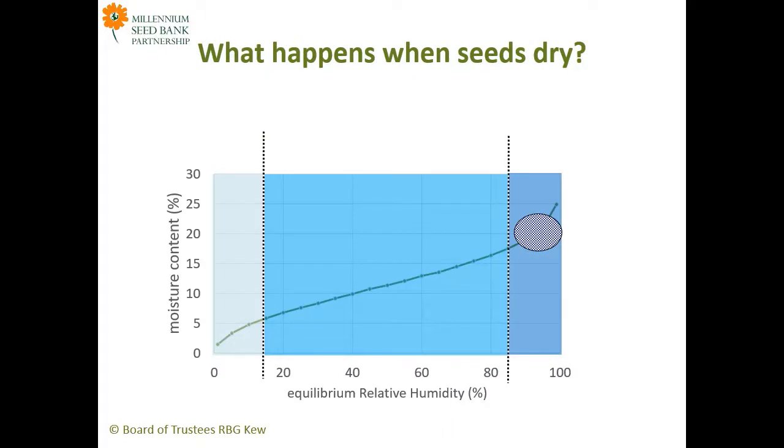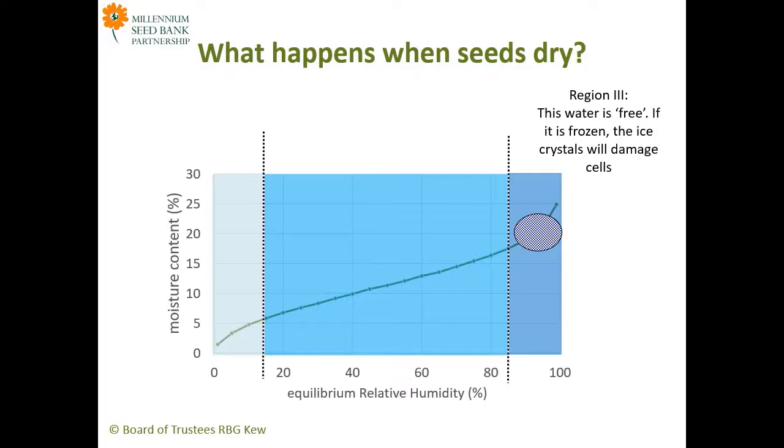So what happens when a seed dries? When it dries, it goes through 3 different stages, which relates to how water is held in the tissue. These are known as water binding regions. The first one is called Region 3, which has an ERH of above 85%. Seeds at this ERH are generally fresh seeds where loosely bound water is still within the seed.